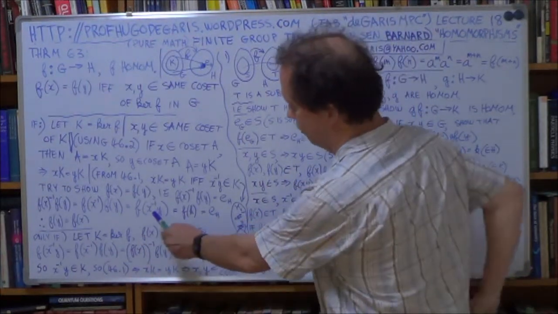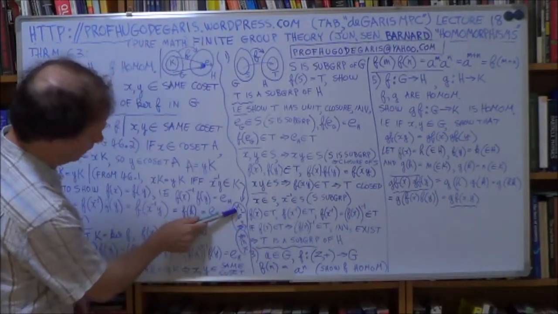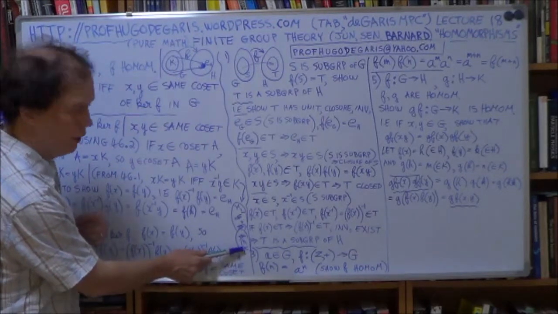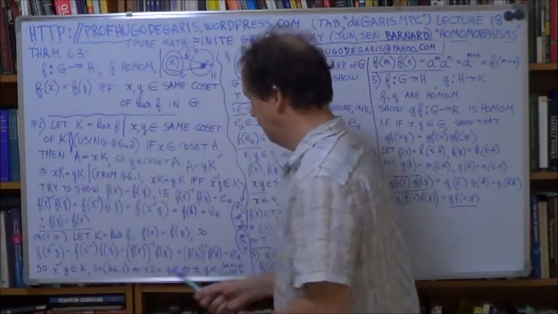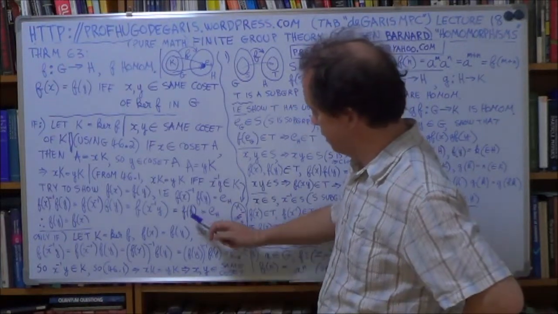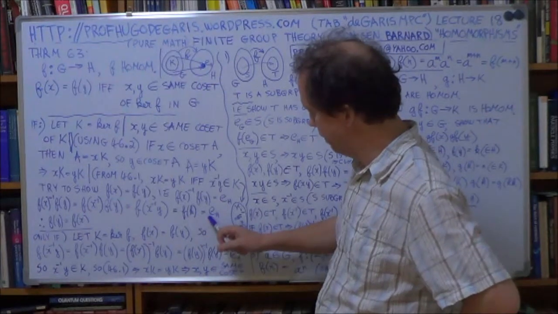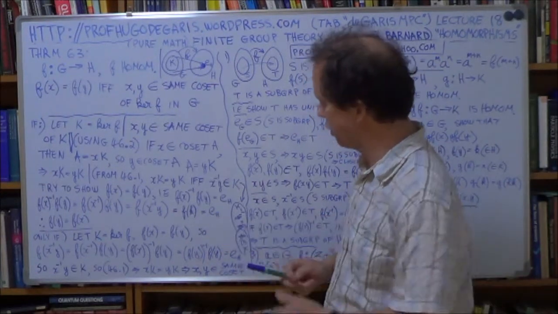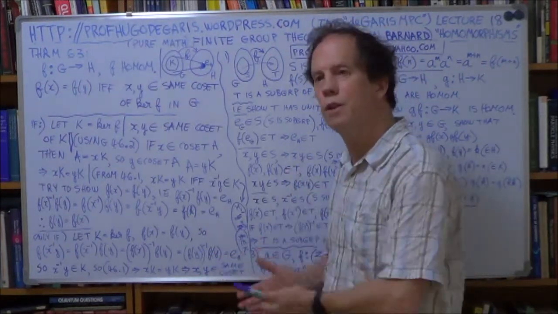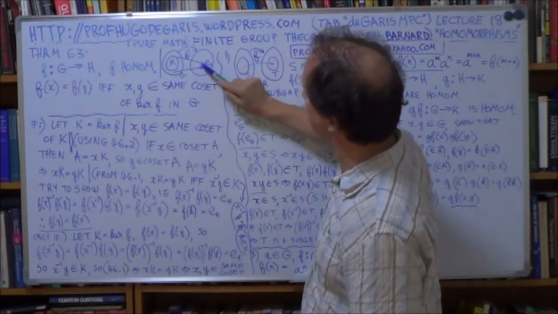Now, here's our old friend, x inverse y is little k. Little k is just some member of the kernel, big K. So I can rewrite this as just f of little k. Now, what's that equal to? It'll be the unit of h. What is little k? It's a member of the kernel, and a kernel is the set of all the elements that map to e of h.